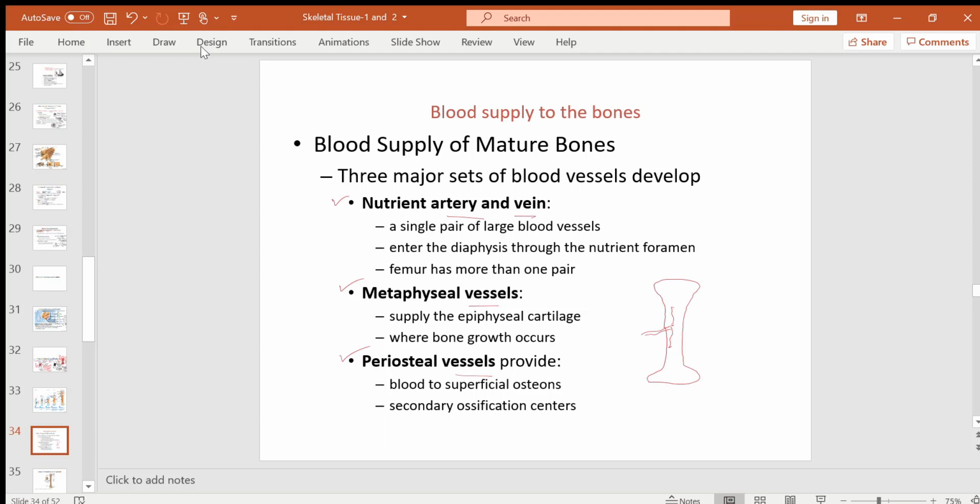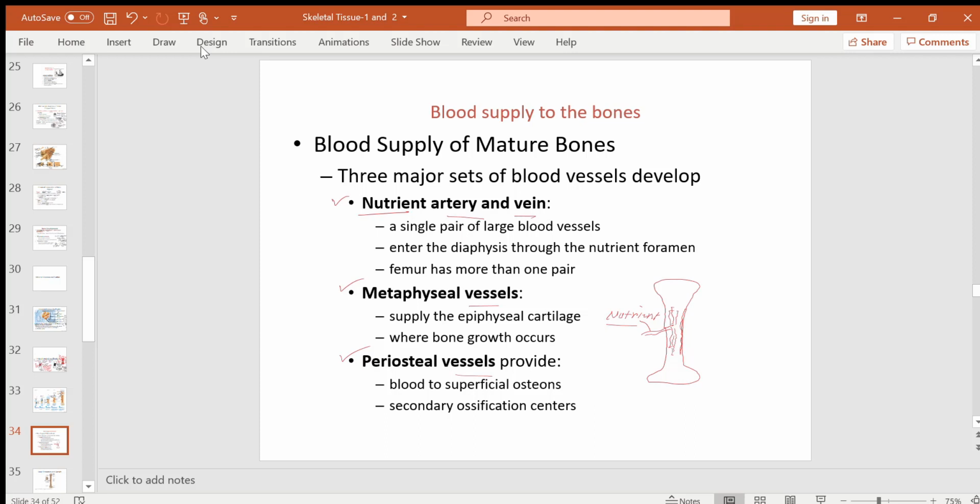So most of the shaft gets blood from the nutrient vessels, this one. Only the outer part of the shaft gets blood from the periosteal blood vessels.